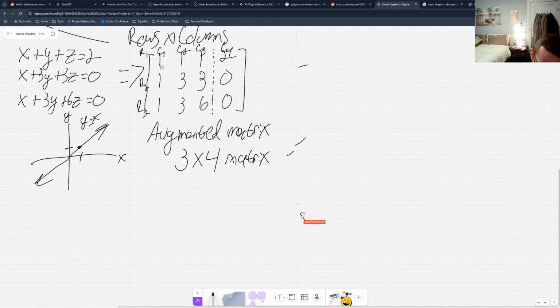One vector is 0, 1, and then plus 1, 0. You can imagine we have one arrow here and one arrow here, right?